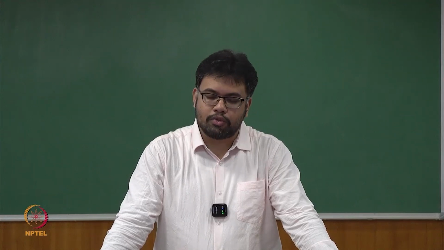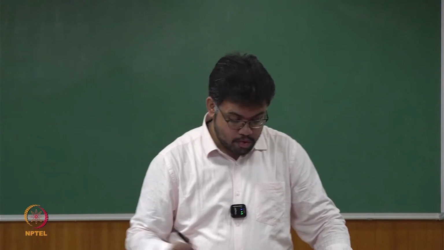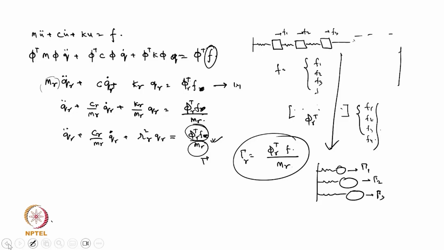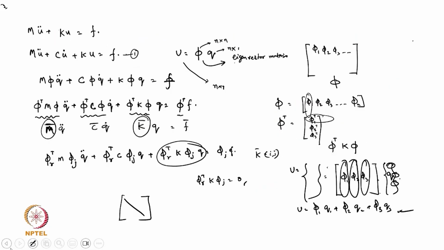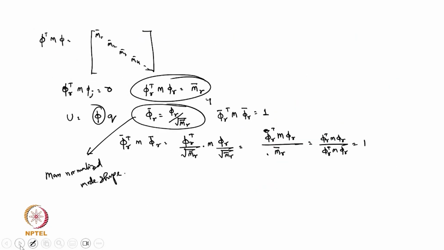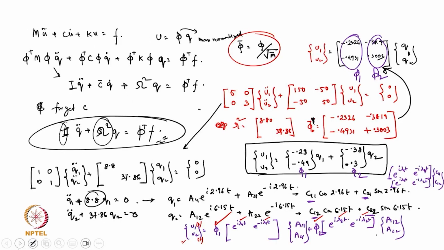In the last class we have seen the basic meaning of orthogonality, how different mode shapes we can get, and what is the understanding of an orthogonal system once we are converting or breaking a multi-degree freedom system into several equations.